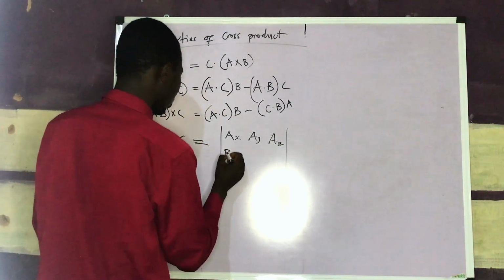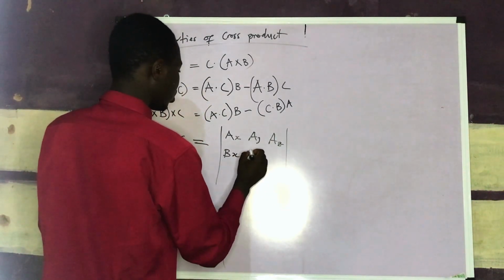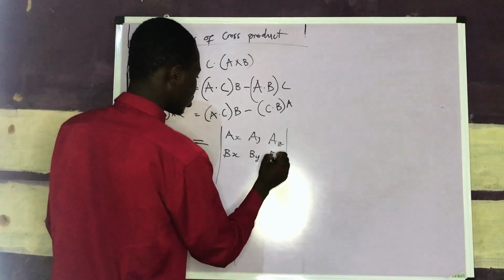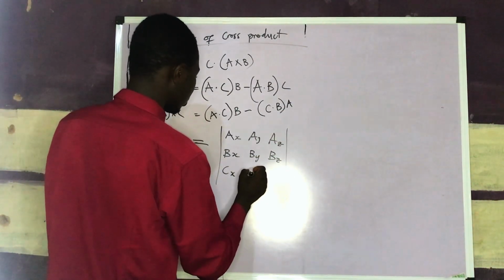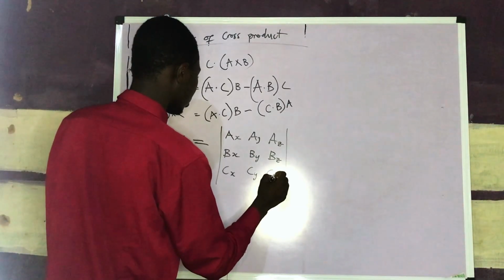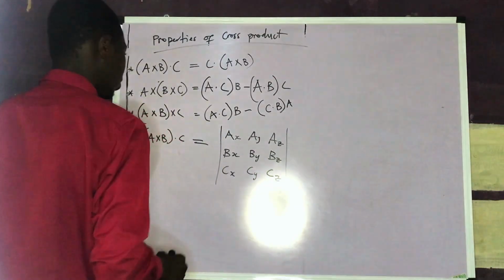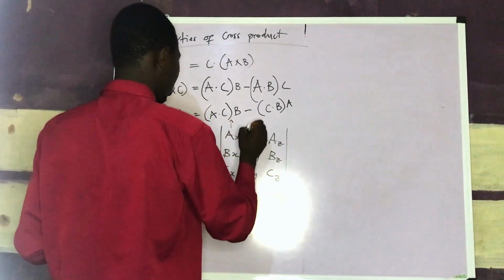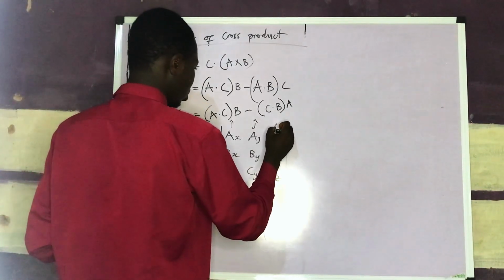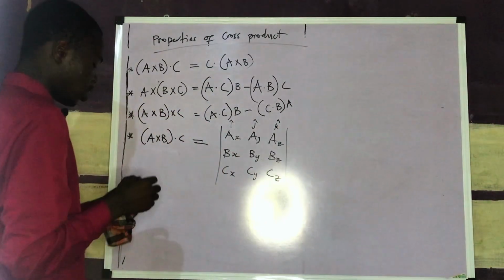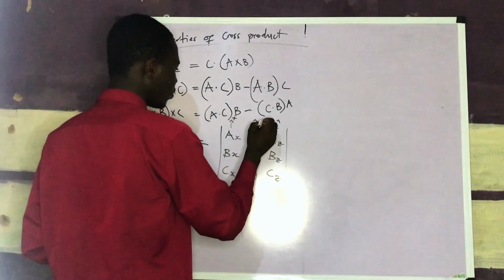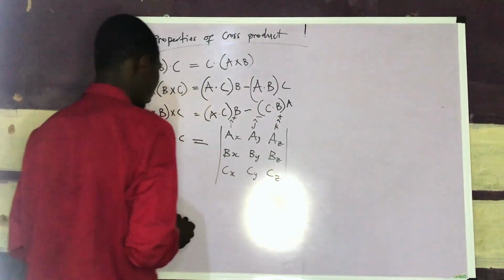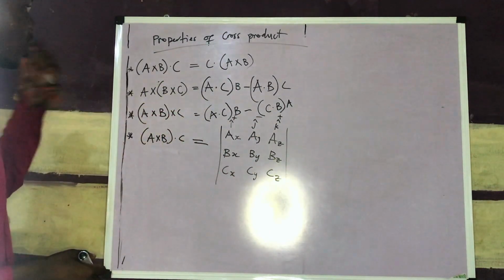This B has X component, Y component, and Z component, while C has X component, Y component, and Z component. And you know that this one is I, this one is J, this one is K. Now you can use the sign convention I told you: this place is positive, negative, and positive. You will solve it the way I solved the other one.